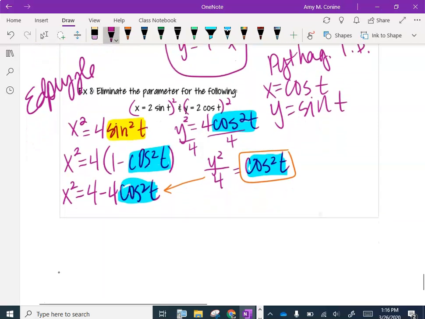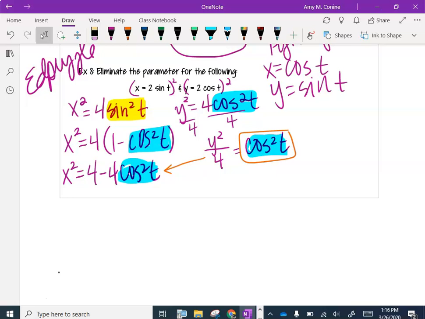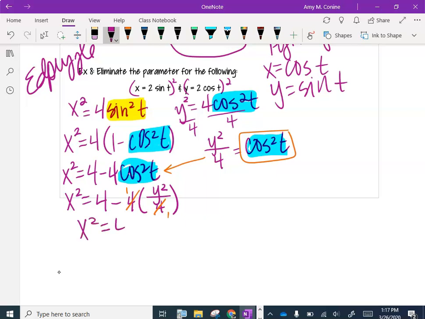Your whole goal is to eliminate the parameter. Sometimes you're going to have to square. You're going to have to get the trig functions to be the same. You're going to have to do a little bit of algebra. So in doing all that, we've got some substitution and some algebra to do. So x squared equals 4 minus 4 times this fraction. This 4 cancels because one's in the denominator and one would be in the numerator. So we've got x squared equals 4 minus y squared.